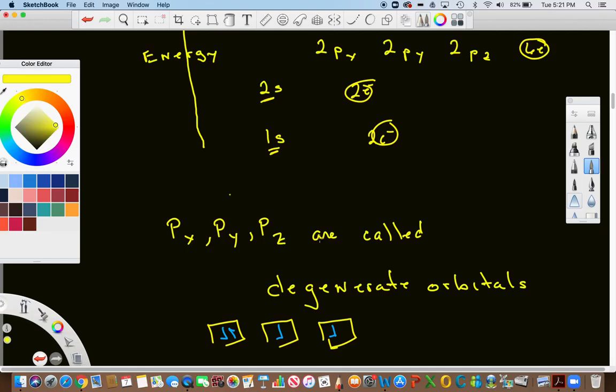And that was known as Hund's rule. Degenerate orbitals must be singly occupied before they can become spin paired, like I have shown here.